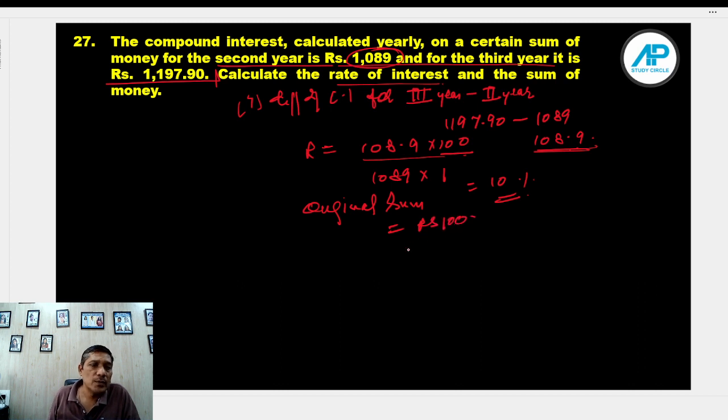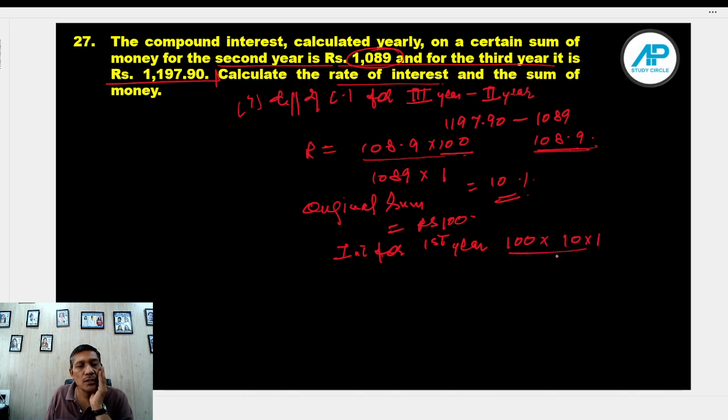as rupees 100. So interest for the first year, 100 into 10 into 1 upon 100 gives me rupees 10.